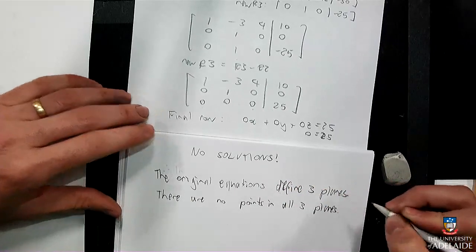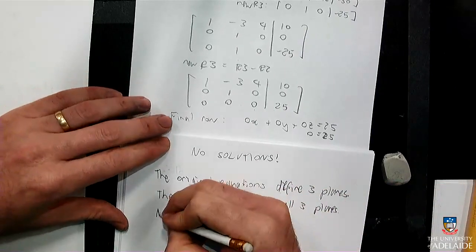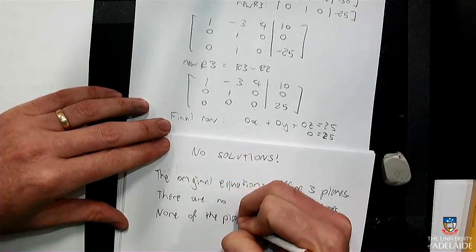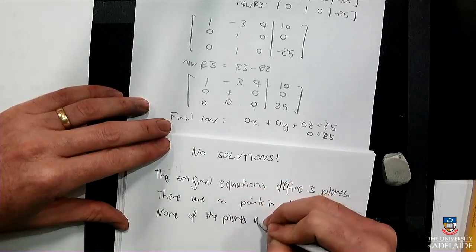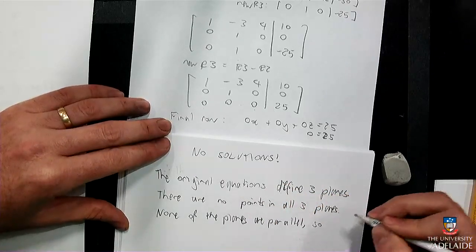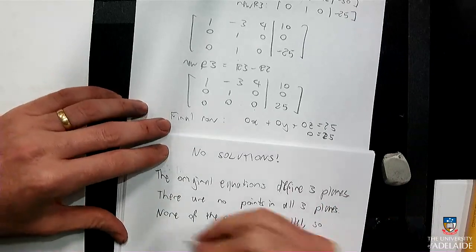Now I also know that none of the planes were parallel. So they must be arranged in a triangular prism.